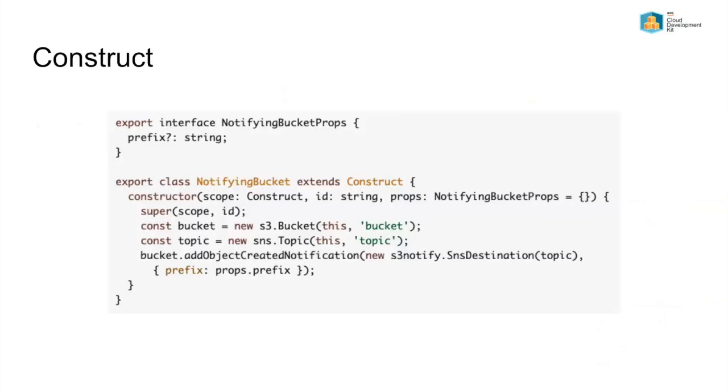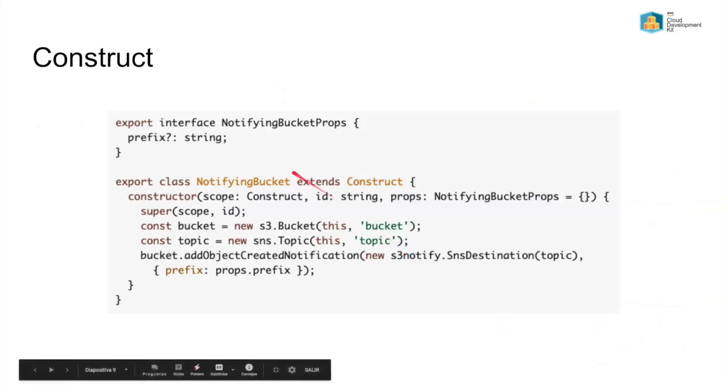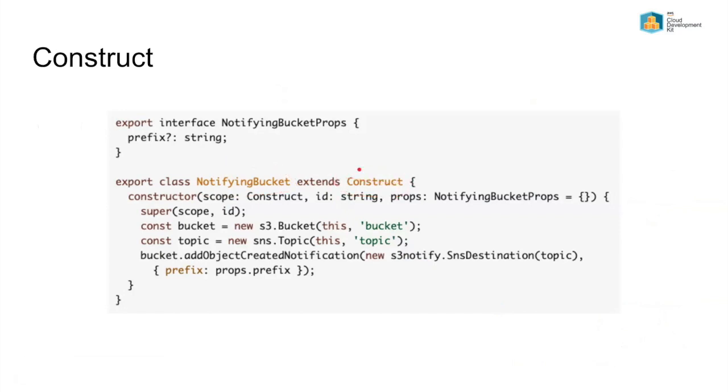This is an example of a custom construct. We are defining a class called notifying bucket that extends from construct, and basically we are defining two second level constructs.